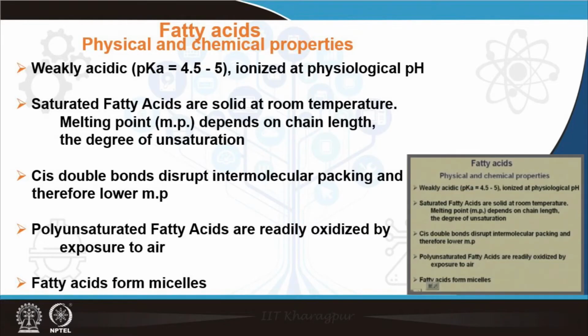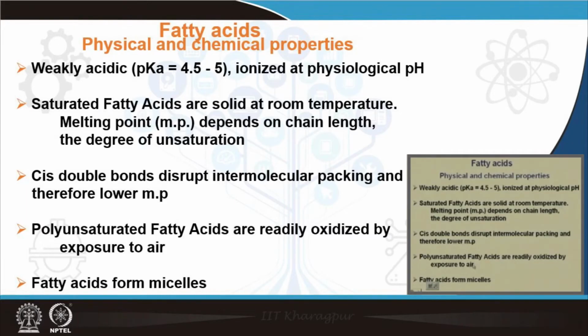Because if you had straight chains that were very well organized, you would have a higher melting point. But due to the presence of the cis double bonds, the intermolecular packing of the hydrophobic chains is disrupted, it is broken, and that lowers the melting point.